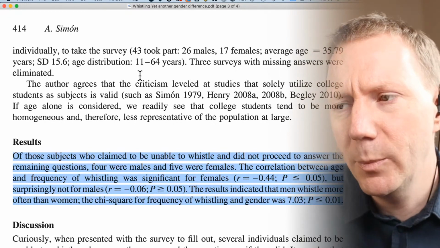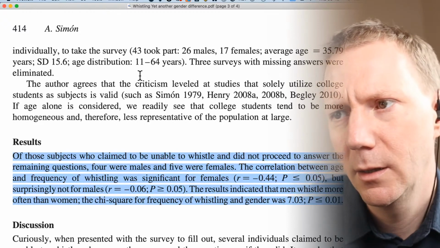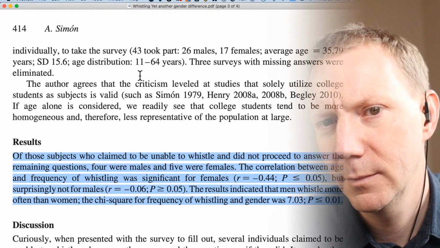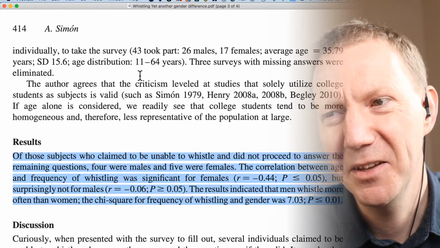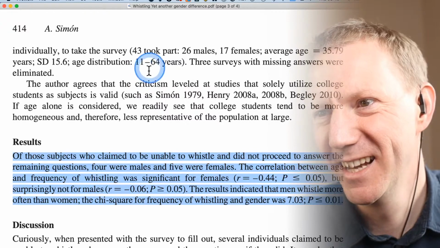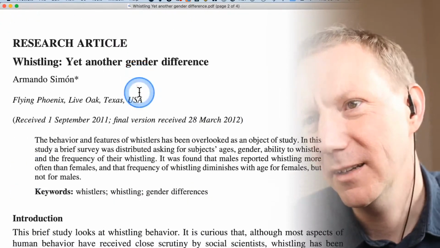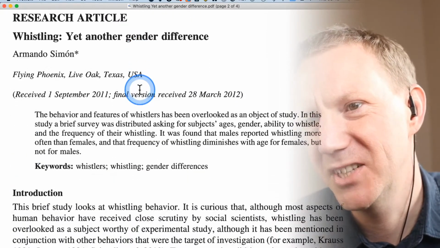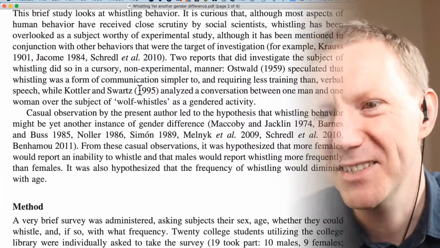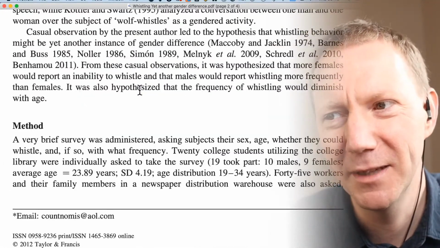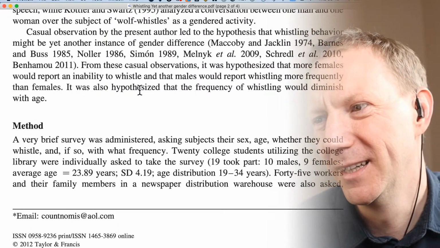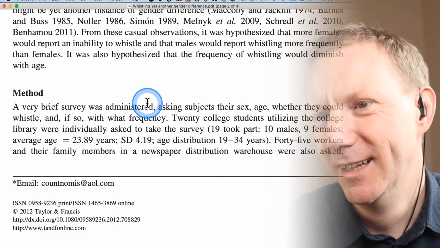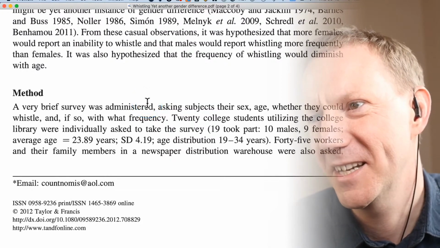But there's a complete analysis missing here. The analysis of ability to whistle and gender? Exactly. The main point of this article, the title of the article, yet another gender difference, he doesn't even give an answer to the question, is there a difference in whistling between men and women? So, well, okay. It's quite insane, isn't it?